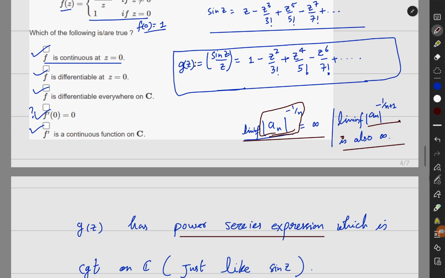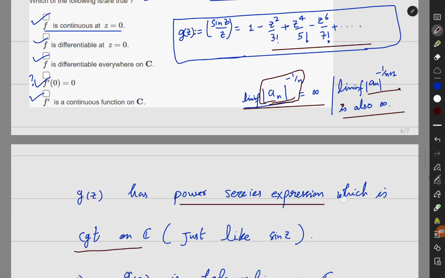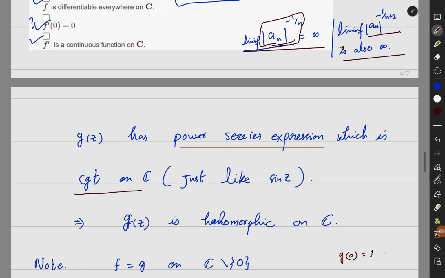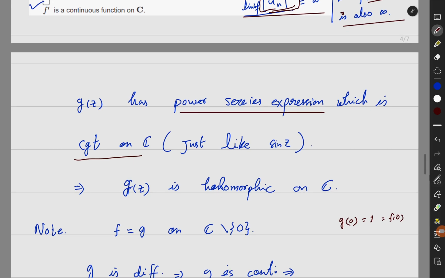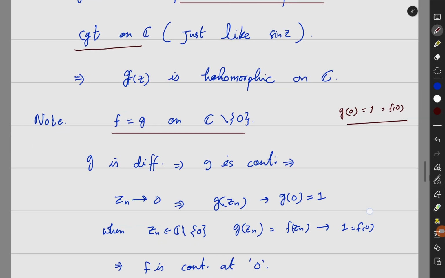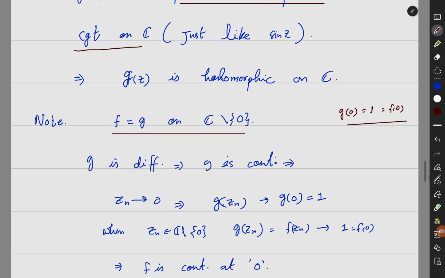You put 0 at z, so every term here becomes 0, so it becomes 1. g(0) is equal to 1, which is also equal to f(0). Where z is non-zero, f is equal to g on C minus 0, and at 0 also they are equal. So g is equal to f on the whole complex plane.